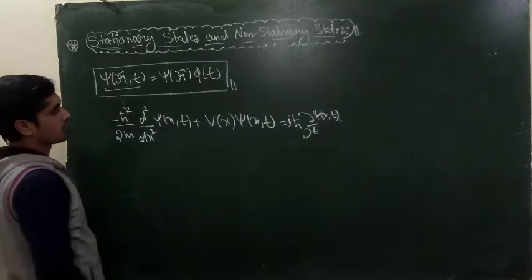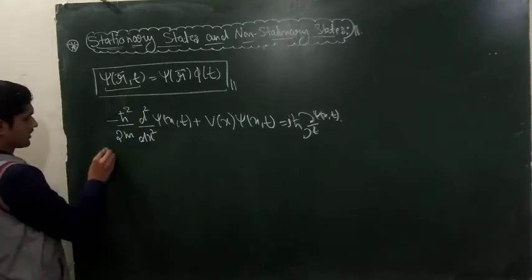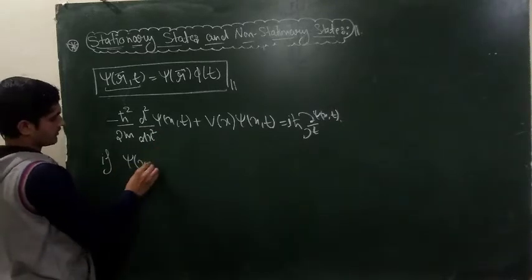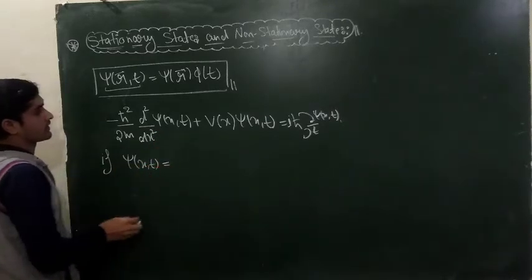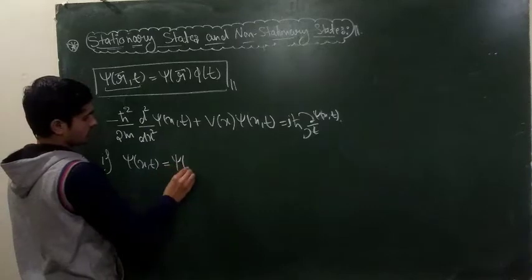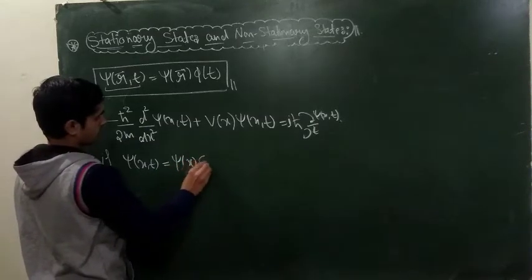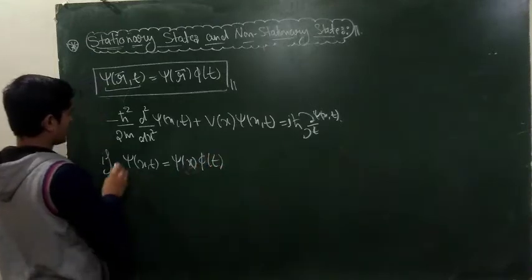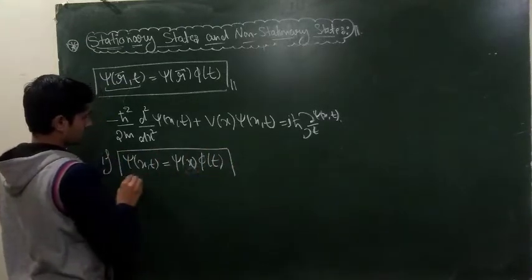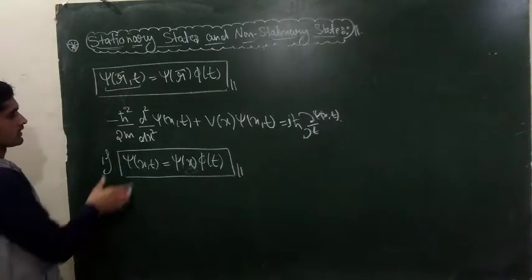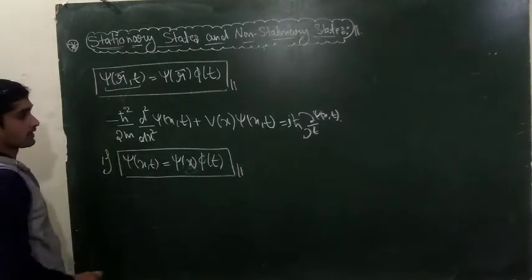But what if we restrict ourselves to just those solutions which can be represented in this form, which are variable separable solutions? If we just want to calculate the variable separable solutions, what will happen to the time-dependent Schrodinger equation?